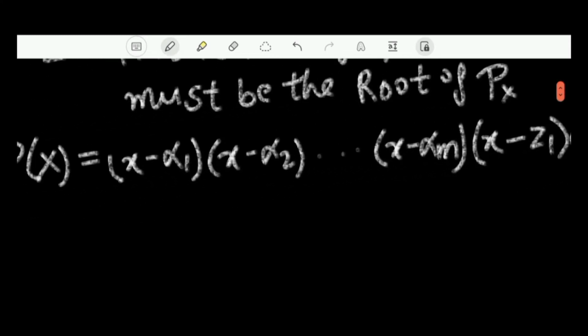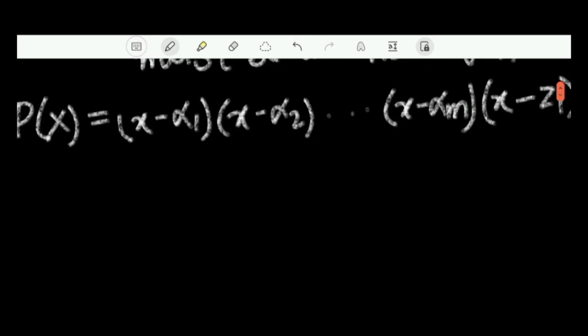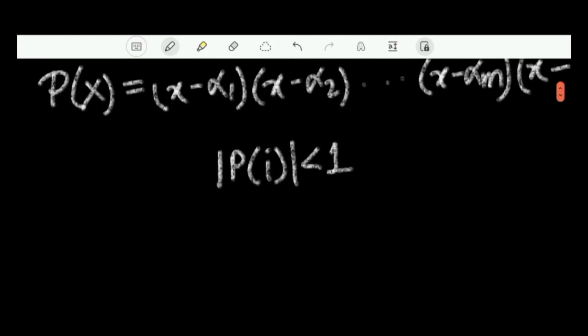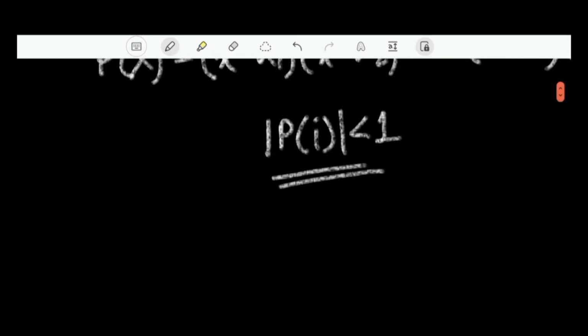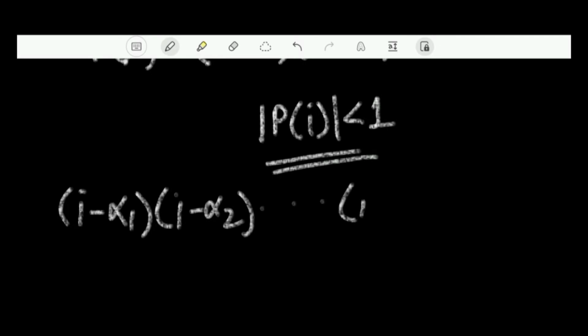And now there is nothing more to do than apply the condition that is given. We know that mod of p of i is smaller than 1. So we can put the value i in place of x and make this inequality. So (i − alpha 1)(i − alpha 2) till (i − alpha m).